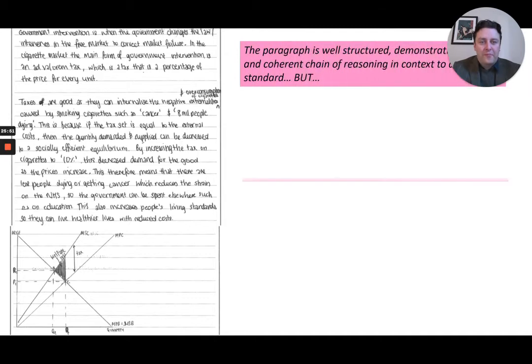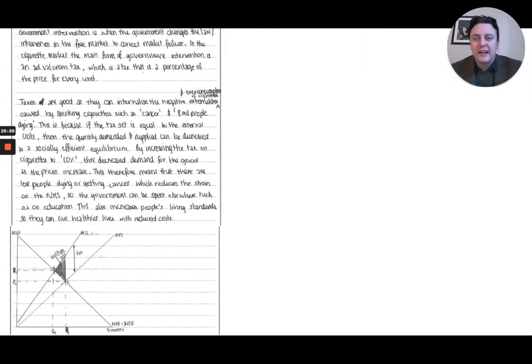Okay, let's have a look at this. Here's an answer that a student previously wrote. I'd like you to have a quick read through and write some comments that you have on this first part of the answer. Pause it there and write some comments.